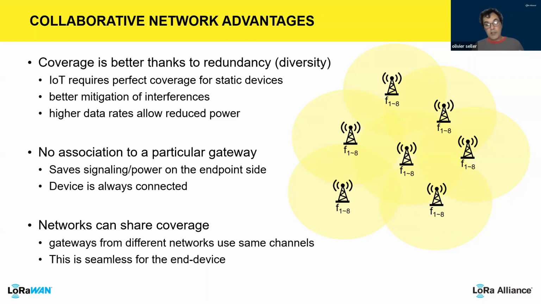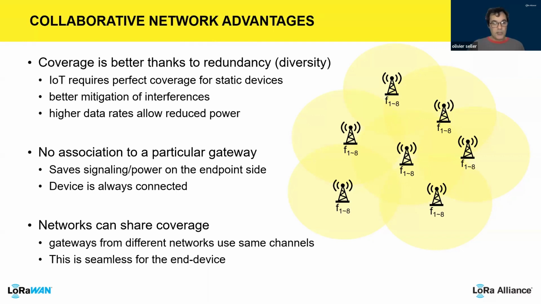So our signal is perceived by the others as interference, and signals from other technologies are also perceived by LoRaWAN networks as interference. So diversity in the resources, in the frequency channels, is also good to better mitigate the interference. And it's also good to be a better neighbor to the other network technologies.